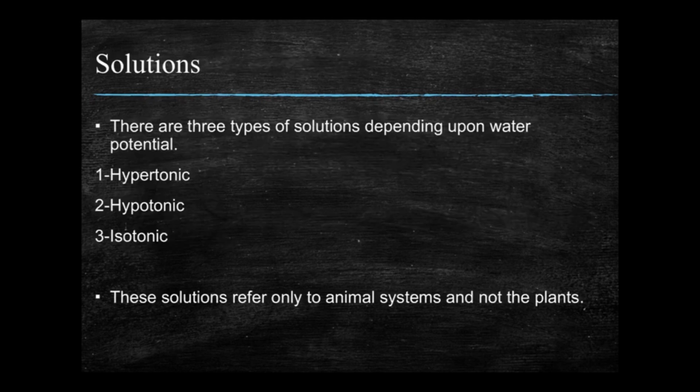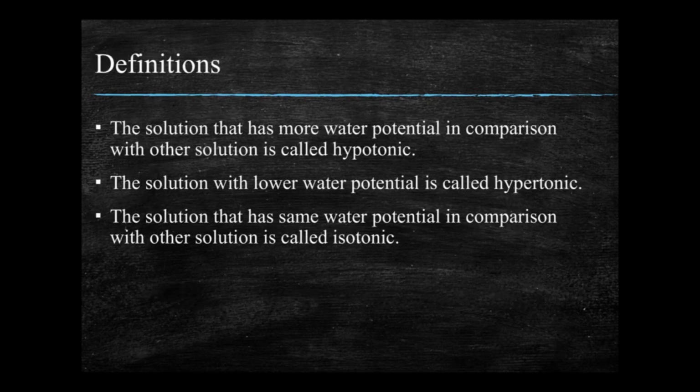Depending upon the quantity of solute in solvent, there are three types of solutions: hypertonic solution, hypotonic solution, and isotonic solution. These solutions refer only to animal systems and not plants. The solution that has more water potential in comparison with another solution is called a hypotonic solution.